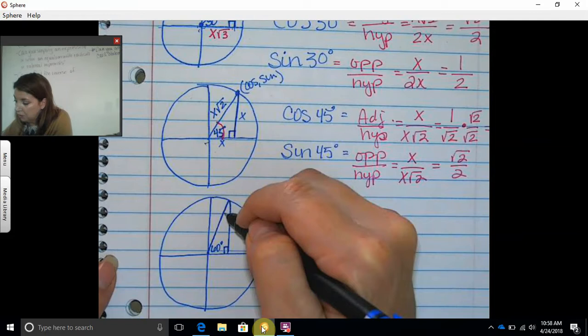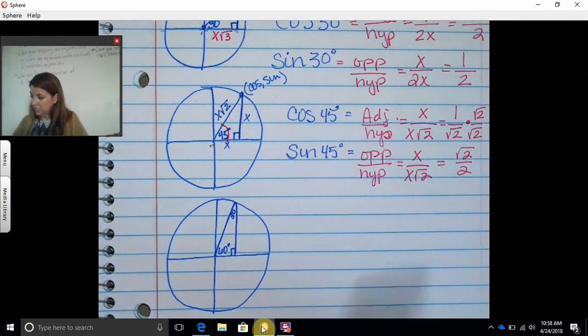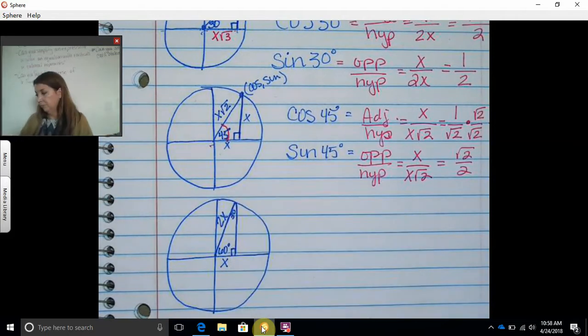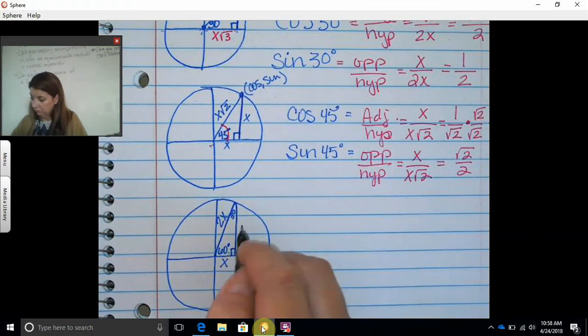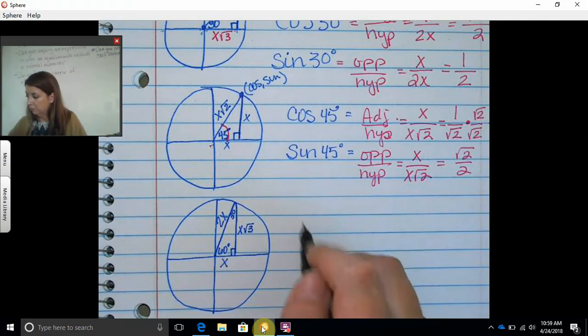So we know this angle is 30, right? So we know in a 30, 60, 90 triangle, our smallest leg we refer to as x, and that's directly across from the smallest angle. Our hypotenuse is 2x. And that middle side is x square root 3. So we're finding the cosine and sine of 60 degrees this time.